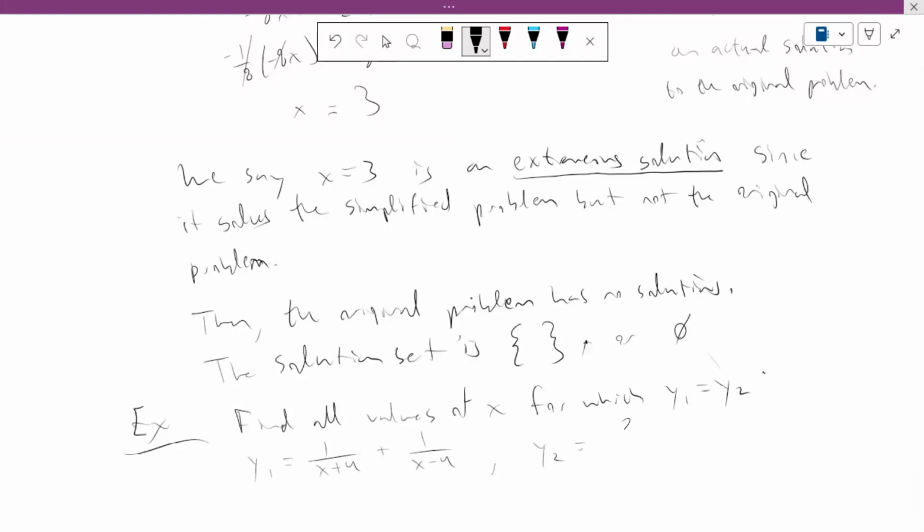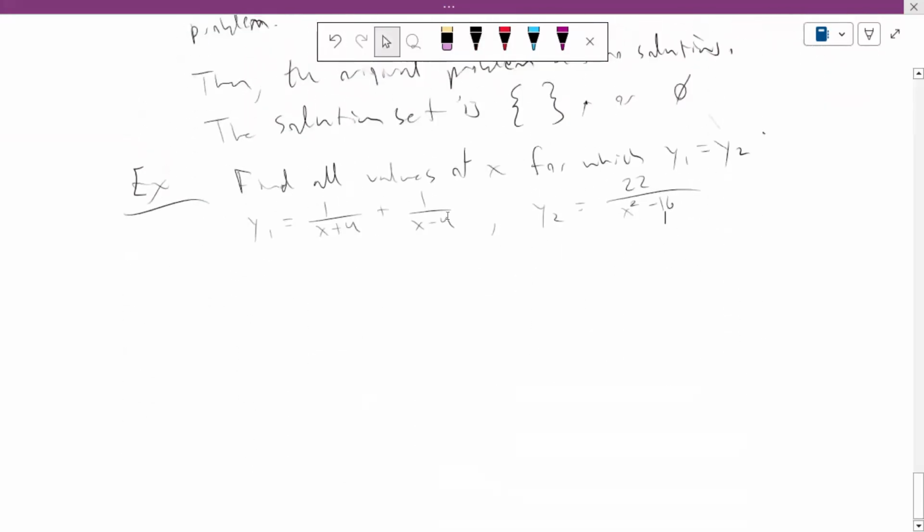Y2 will be 22 over x squared minus 16, right? So it'll give you a y1, it'll give you a y2, right? Okay. All right, so now, when we're trying to find all the values for which y1 is equal to y2, that just means we're trying to solve the equation where the left-hand side's y1 and the right-hand side's y2, right? So let's show our work over here.